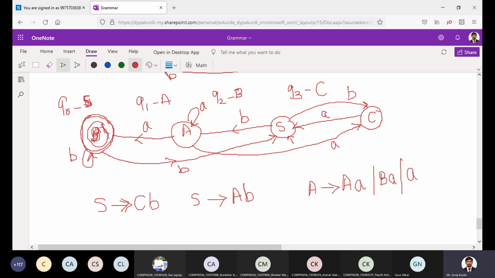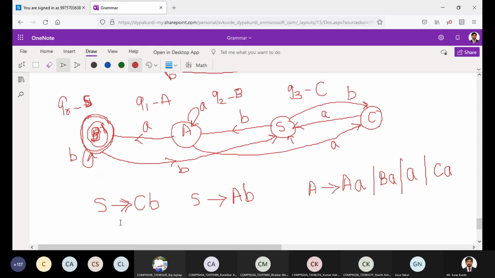A to B, I can expand this B, so I have written B, or if I want to terminate there, it is only A. Then A to C, this one, capital C, A.